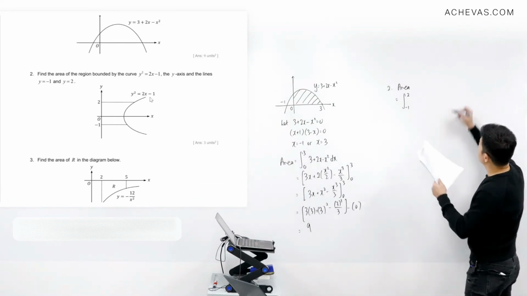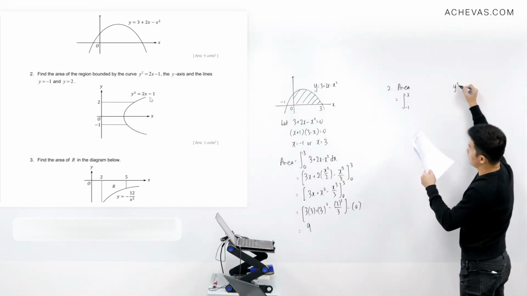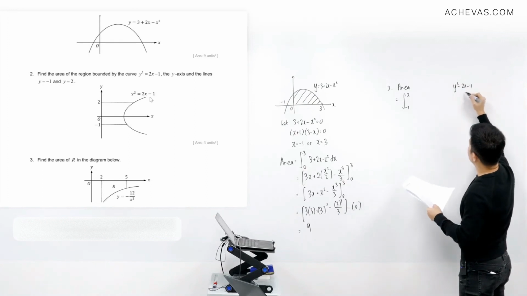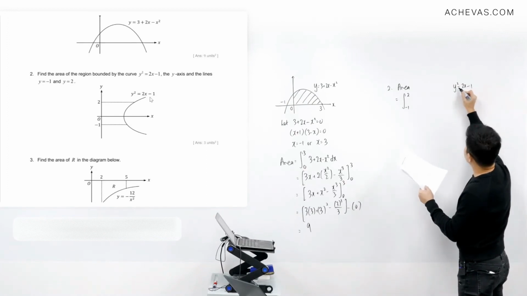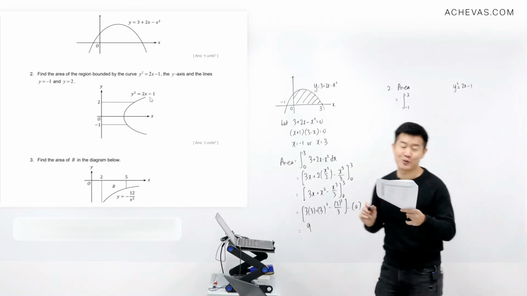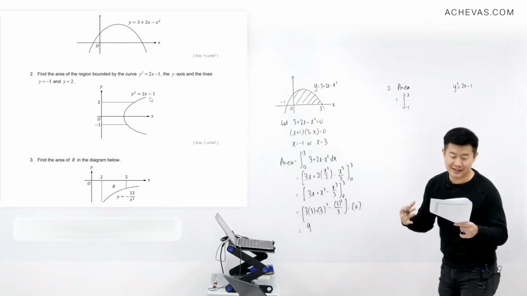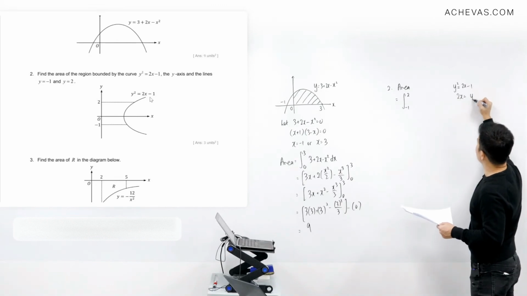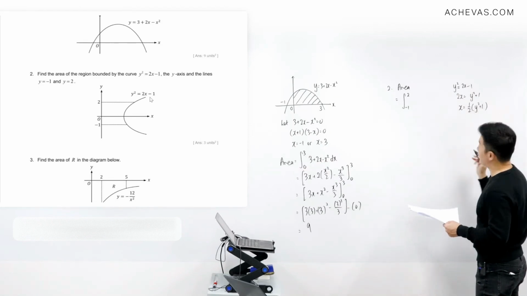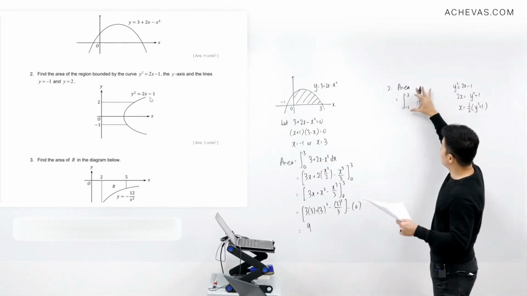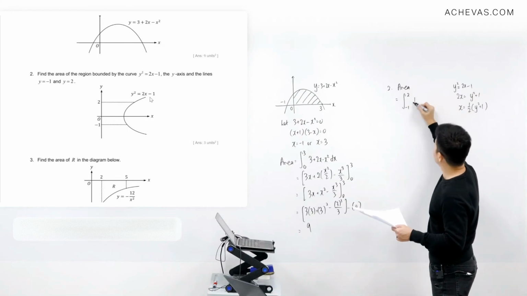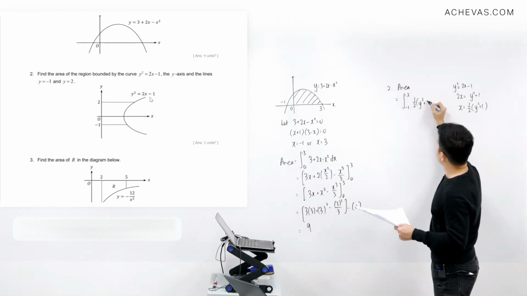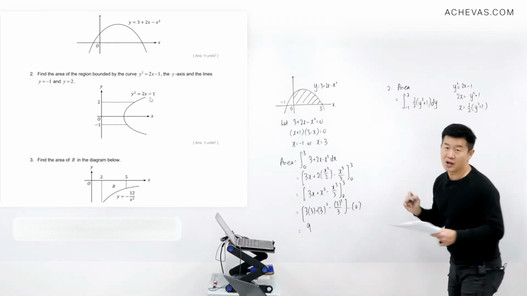The equation that is given to us is y squared is equal to 2x minus 1. So we're going to make x the subject. So 2x is equal to y squared plus 1. So x is going to be equal to half of y squared plus 1. And now we are ready, because what we are going to plant in here is going to be a half of y squared plus 1, then dy.